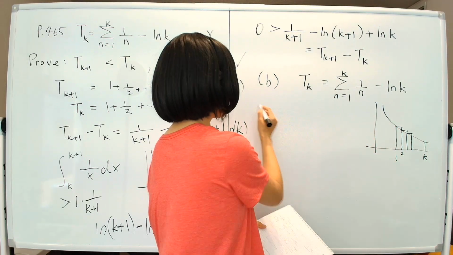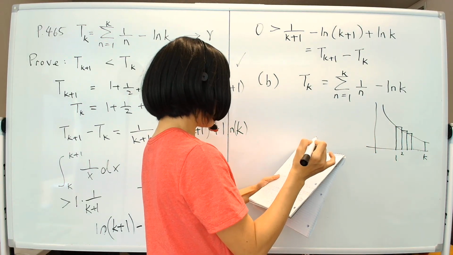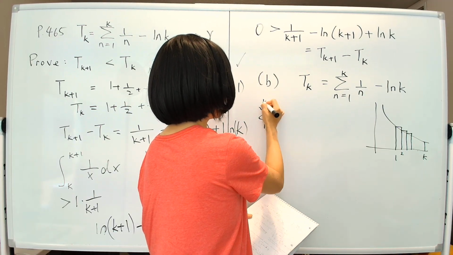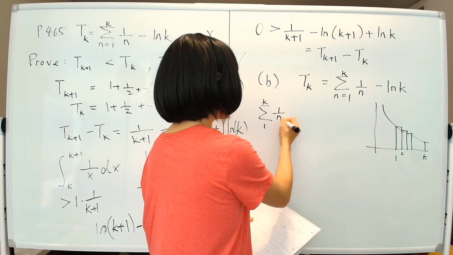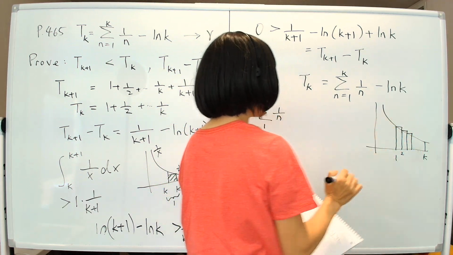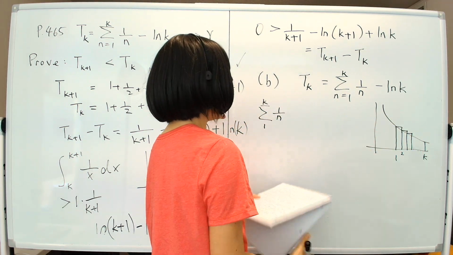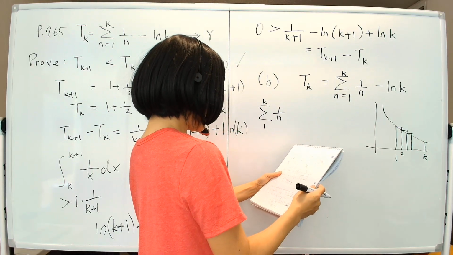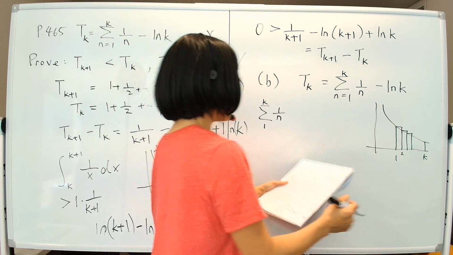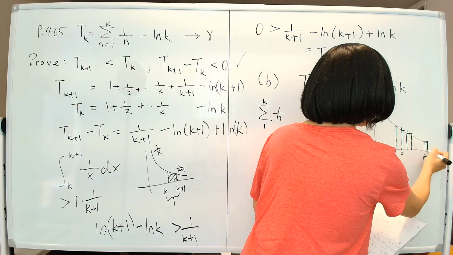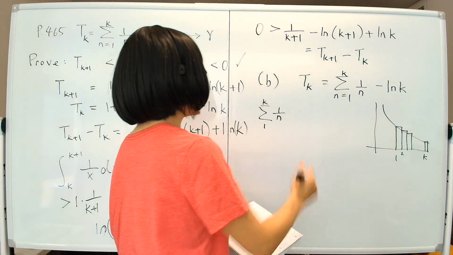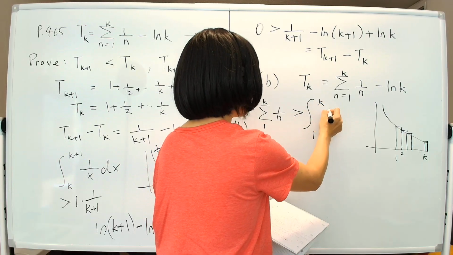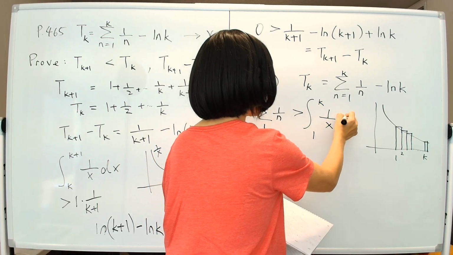So then the sum from 1 to k of 1 over n, the area of each rectangle, starting at 1 and going all the way up to k, is going to be bigger than the area under the curve from 1 to k of 1 over x dx.